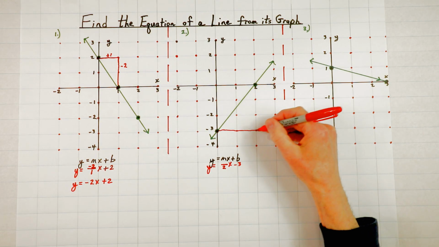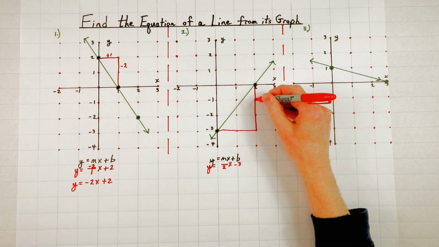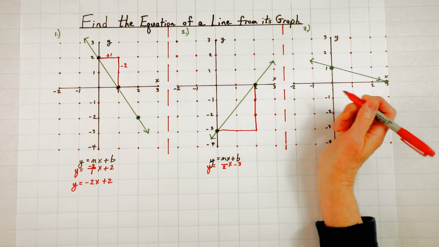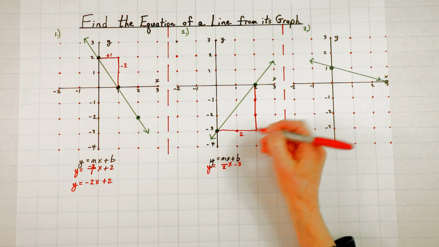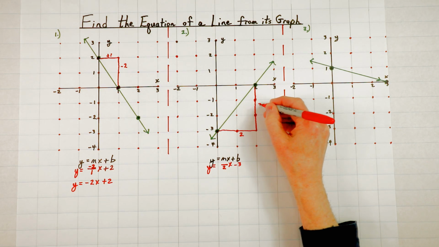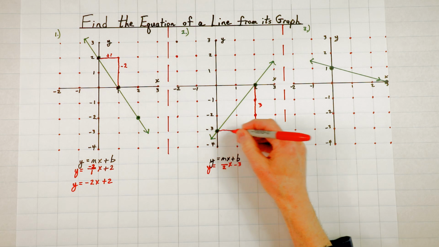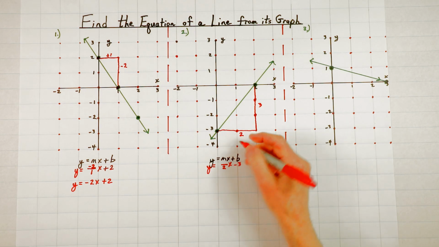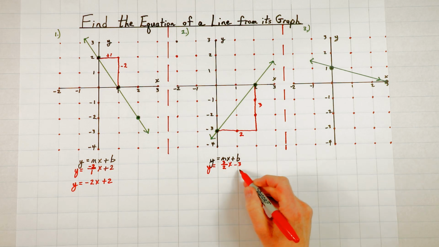And what is happening from here is that it goes up 1, 2, 3. You see that? So the x value is 2. The y value is 3. So this is the rise, the change in y, over the change in x, the run. So it's 3 over 2x minus 3.